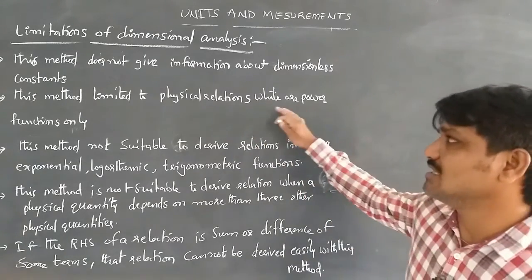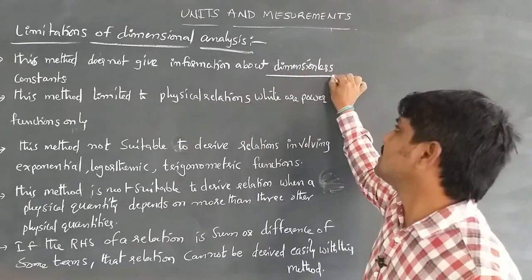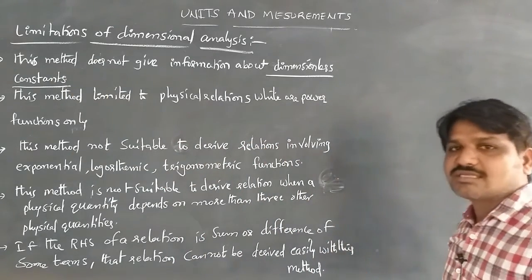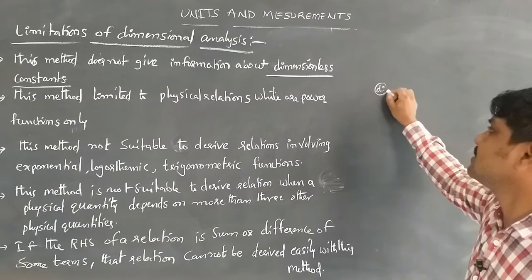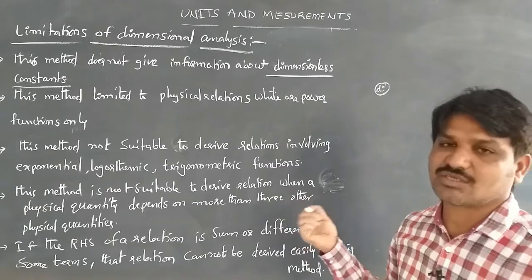This method does not give information about the dimensionless constants. If the quantity does not have any dimensions, then how can we do dimensional analysis? We can't give any dimensional analysis for the dimensionless constants.